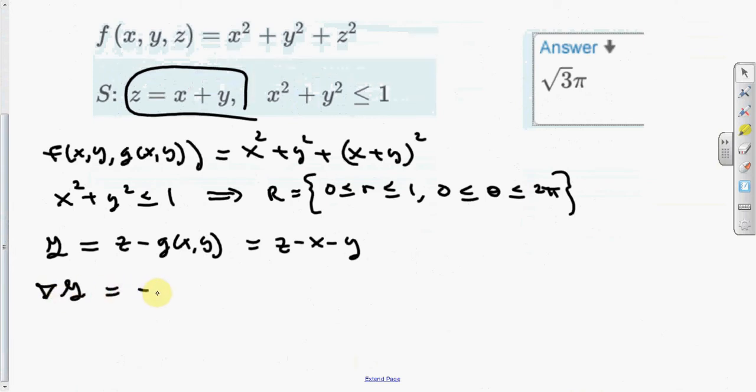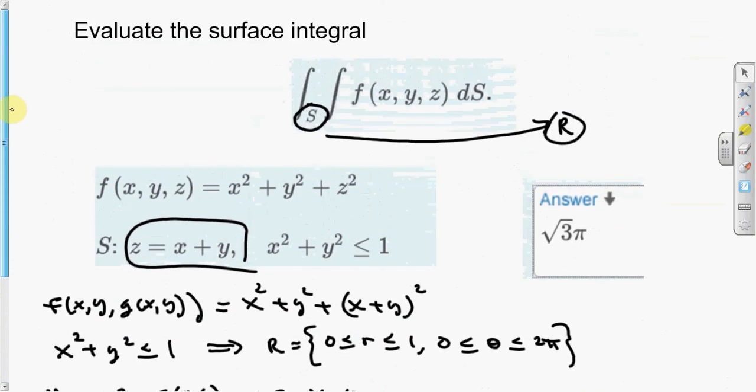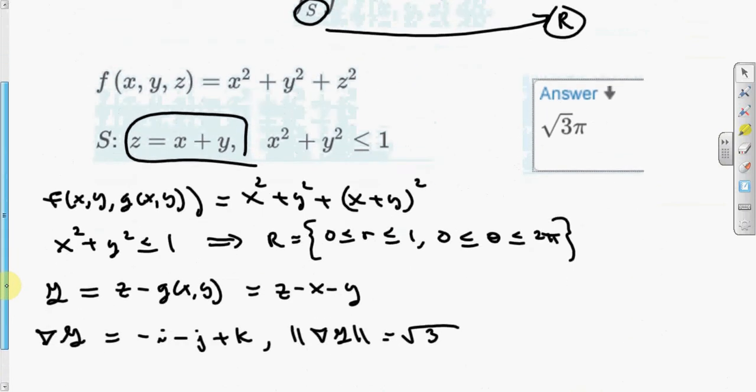This is negative i minus j plus k. And then I take its norm. Do you see that's the square root of 1 plus 1 plus 1, which is the square root of 3? Are you with me? Everyone okay? And you can see how that comes in the answer as well, right? So we got that.